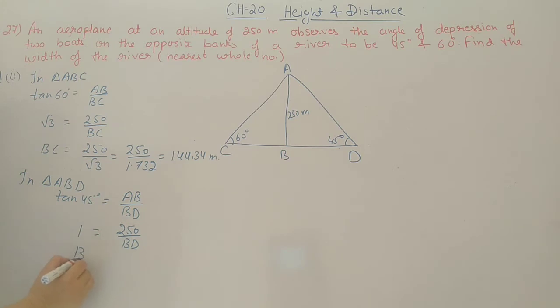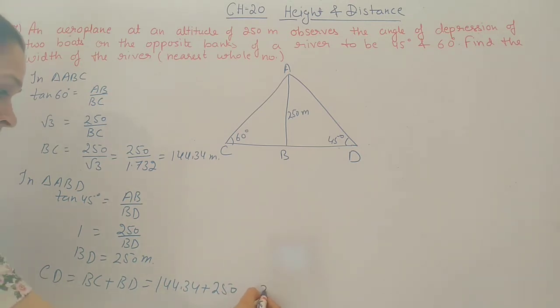So BD will be 250 meter. Now in this case width of river is CD. CD is equal to BC plus BD. 144.34 plus 250 will come 394.34. When we round off, the answer will be 394 meter.